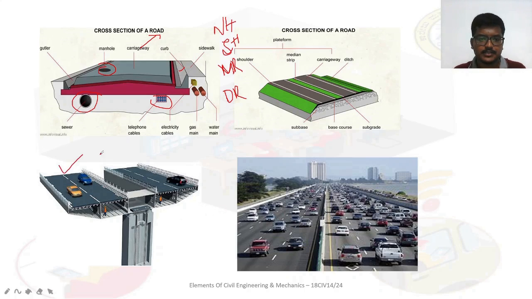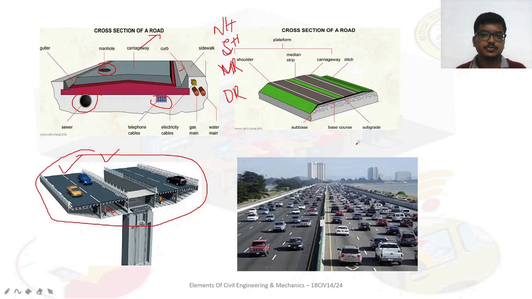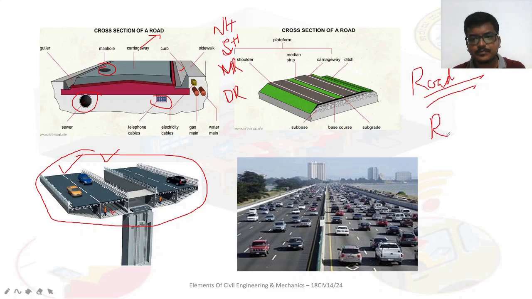This is an example of the advancement of transportation engineering, where the carriageway is there and a pedestrian is walking under the carriageway also. Here you can see a 6 lane, 1 2 3 4 5, so 5 lane road. That depends upon the traffic volume, so the lanes are decided accordingly. All this that I am showing is only about roads.